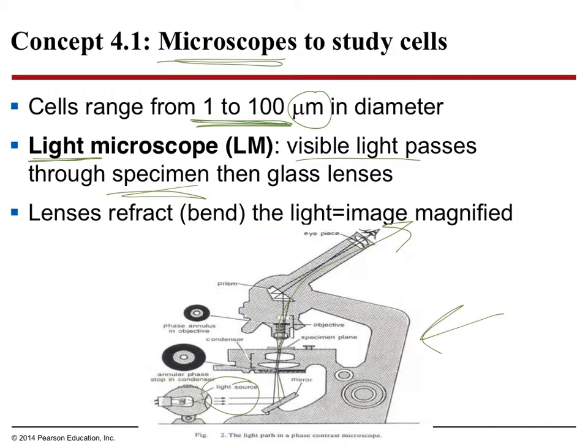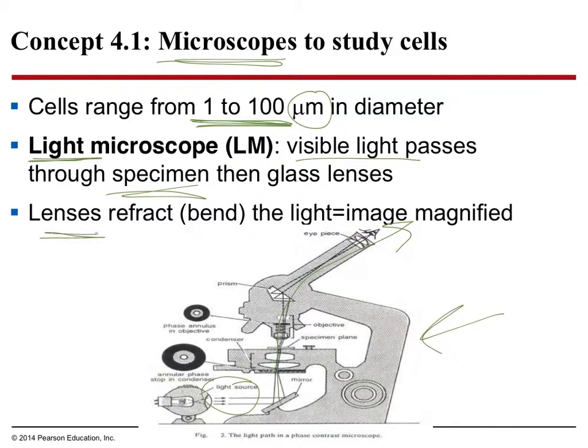Specimens need to be very thin so that the light is able to shine through. We'll be doing a lab fairly soon which uses that technique of setting up a slide, putting it on a microscope, and looking through the microscope to see the different structures within that cell or tissue, and see the cells within that tissue.